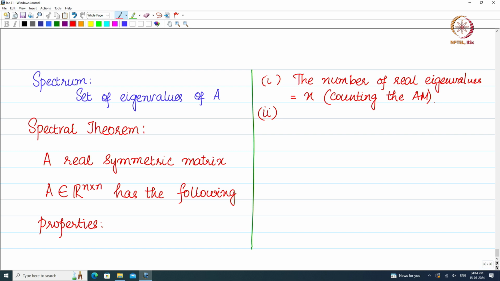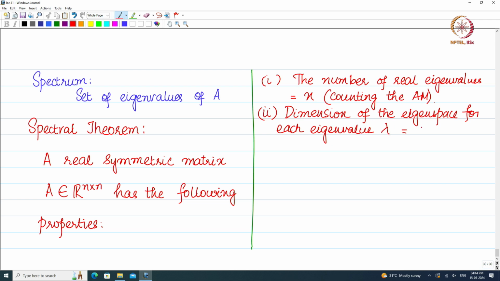The dimension of the eigenspace for each eigenvalue lambda is equal to the algebraic multiplicity of lambda, that means you do not have a deficient eigenvalue.